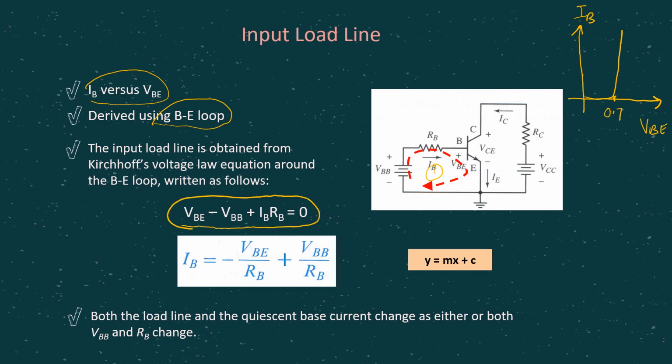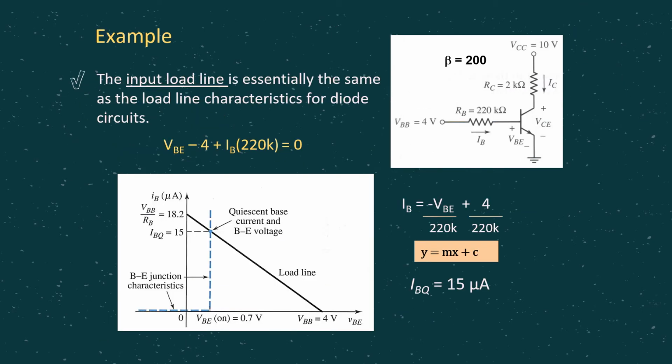But now we are looking for the load line equation, meaning we need to rearrange this equation in the form of y equals mx plus c, where y is actually IB and x is VBE. So obviously from here we know what should be the value of m and the value of c. Let's have a look at this particular example on input load line.